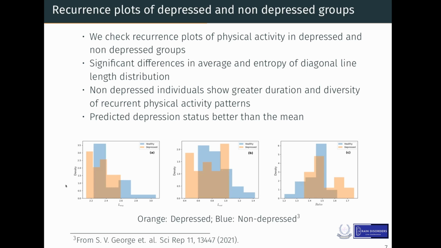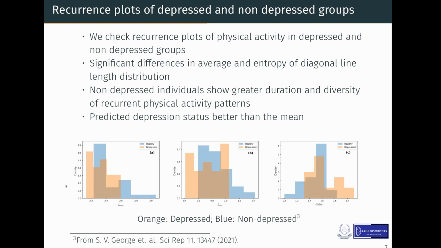Now, of course, one could argue that this is not particularly surprising, but what is quite interesting is that this does not seem to correlate with just the mean physical activity, which is what you often look at, how the mean activity changes for an individual, right? And that does not seem to show any difference.